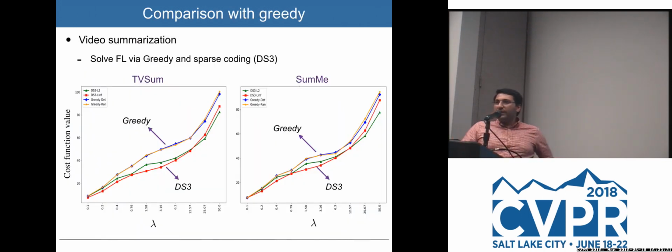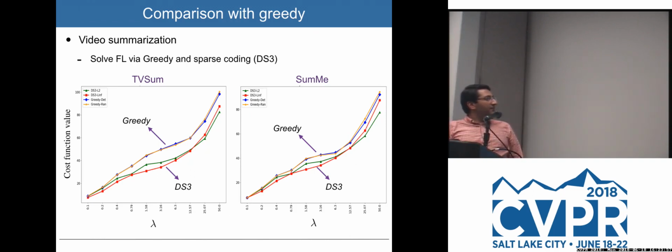So just to verify how well this convex relaxation is going to perform with respect to the greedy algorithm that Amin talked about, and in particular the forward-backward greedy, we looked at video summarization, and here I'm just looking at the cost function of the facility location, which ideally should be lower, right?